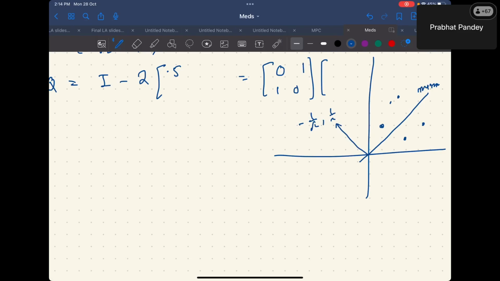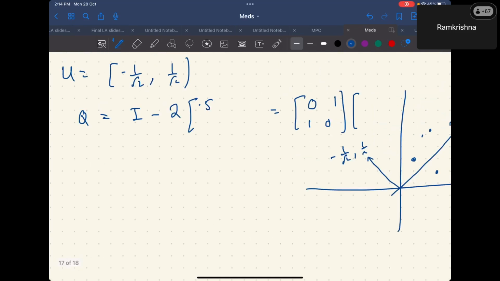Yes. And sir, for this U, does it need to be a unit vector? U can be whatever. Just for convenience, I'm taking it to be a unit vector. So U doesn't have to be a unit magnitude? It can be anything.